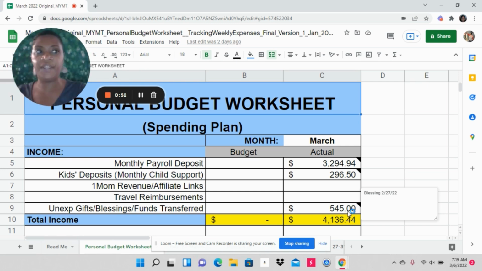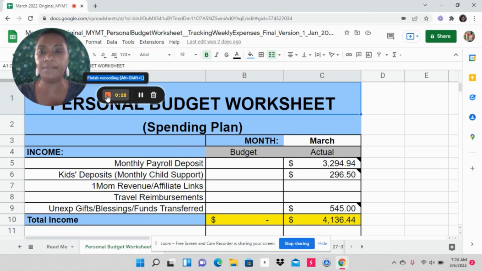So you funnel it in, then funnel it out. That's how I handle that. So that gives me a total income of $4,136.44. That's how much I'm going to be budgeting for this week of February 28th through March the 5th.